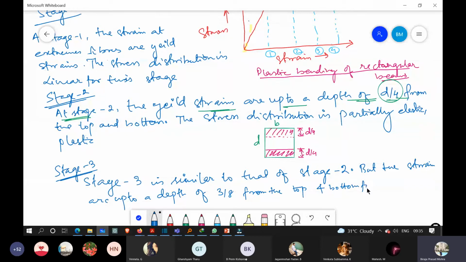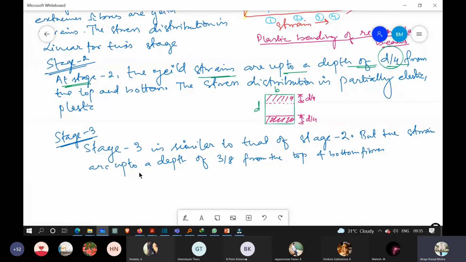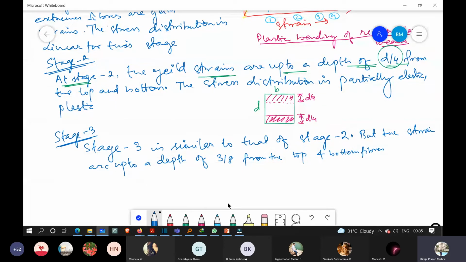So here the strain values will be like this. This is the same beam. At stage 3 we will have the strain values like this.